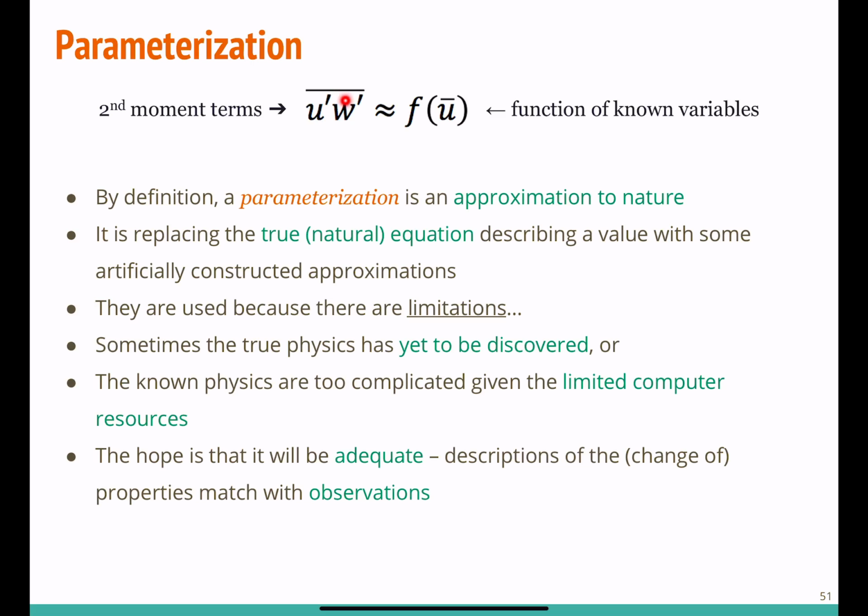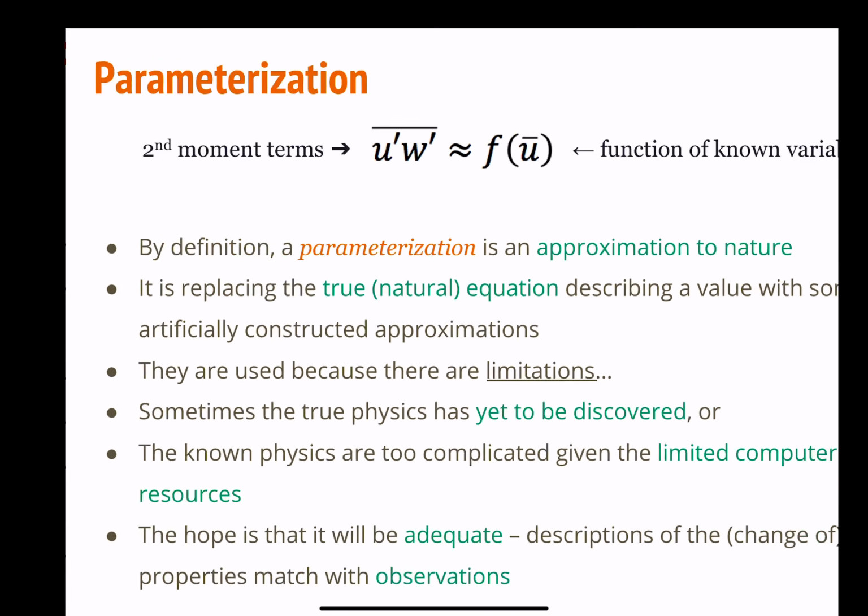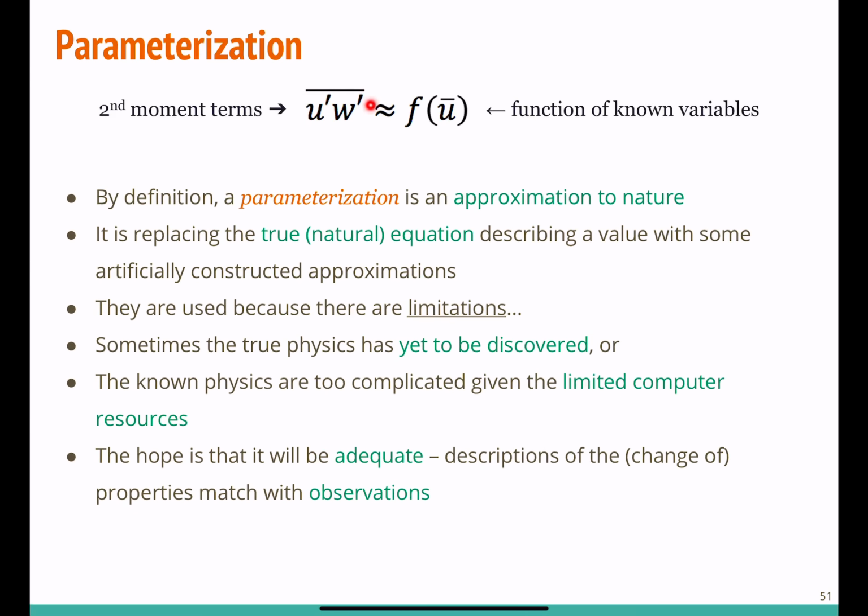We are approximating this with some other things. We don't want to use the true equation for this term because we have a lot of limitations: we could have situations where we don't know about the processes, and we also have limited computer resources. So this is why we do this.